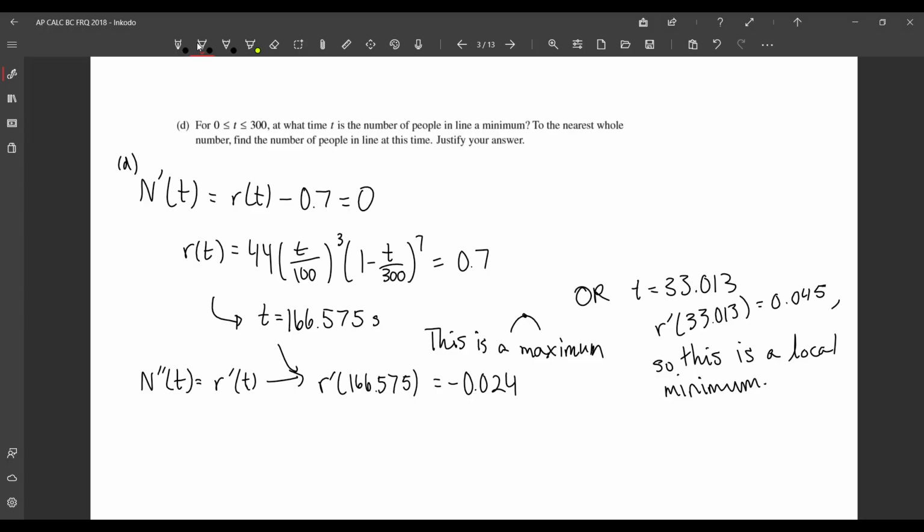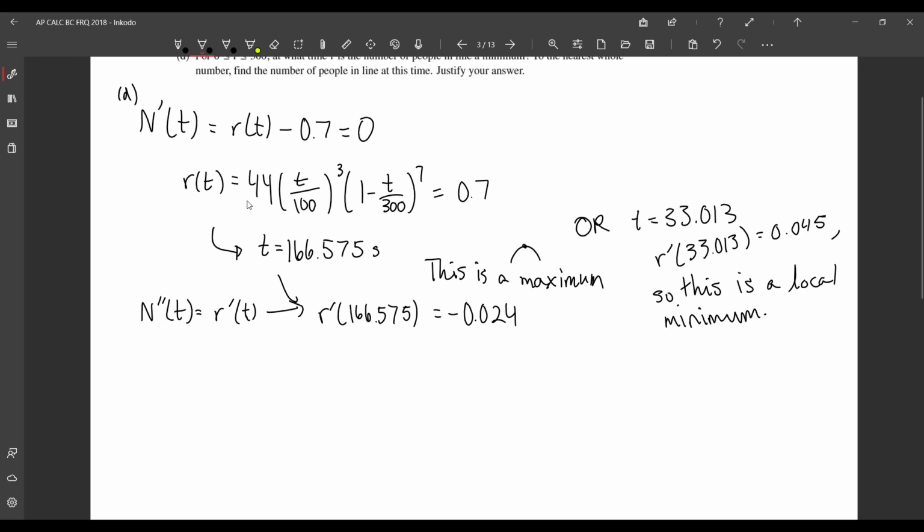So n of 33.013 is going to be 20 plus the integral from 0 to 33.013 of r of t dt, plus 20 minus 0.7 times 33.013.